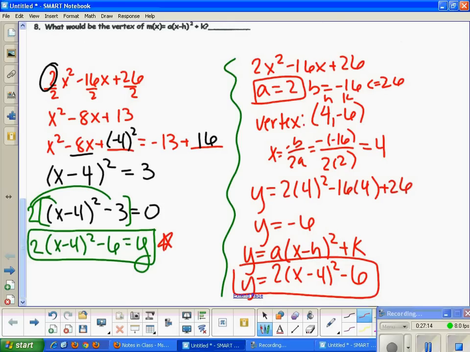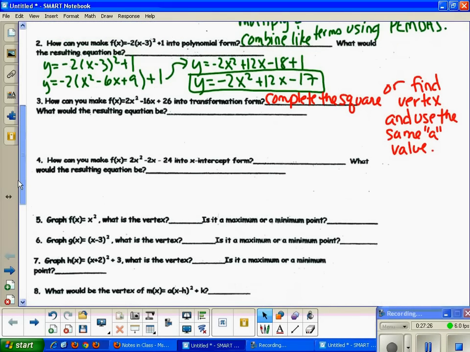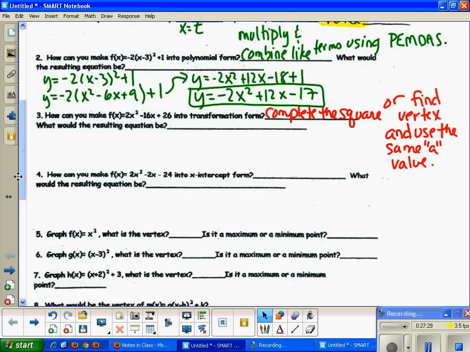So then the very last thing that we want to talk about is how can you take something that is in polynomial form and put it into x-intercept form. Let's go back up. So number 4. If I want to go from polynomial form into x-intercept form, then what do you need for x-intercept form? You need the a value and you need your x-intercepts.